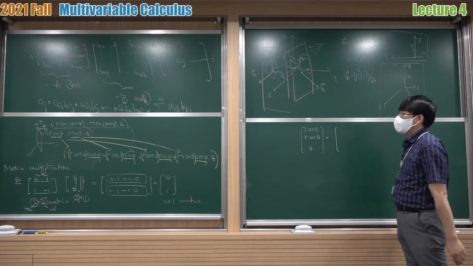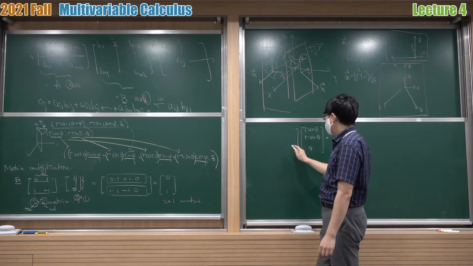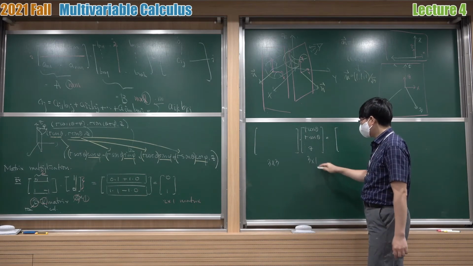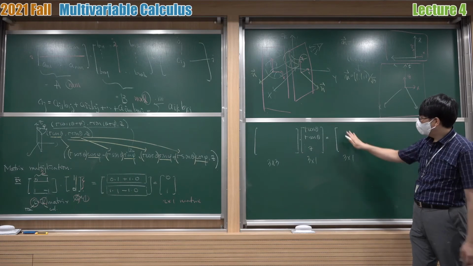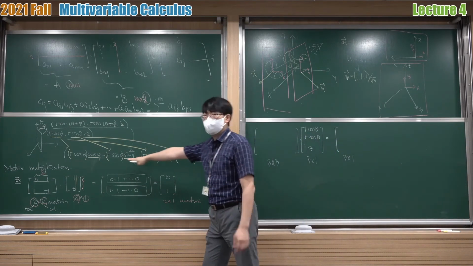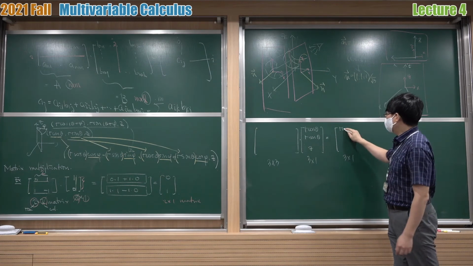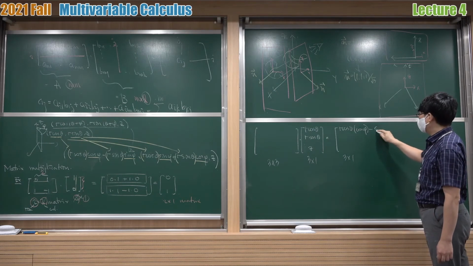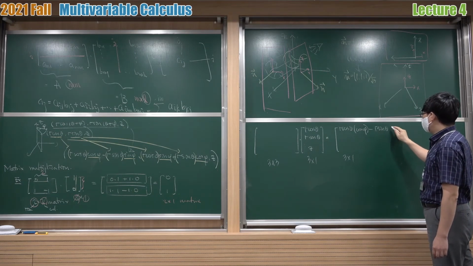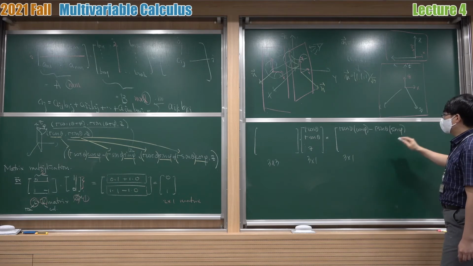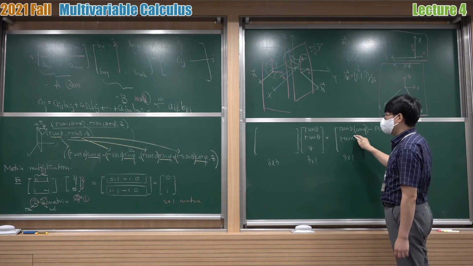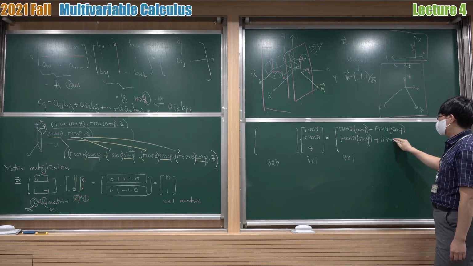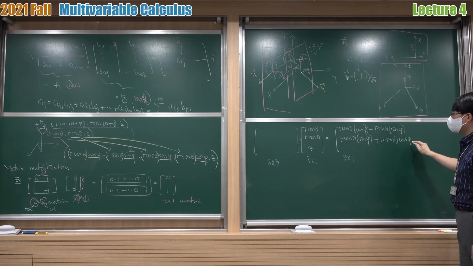I want to multiply on the left by a 3 by 3 matrix, so I get a 3 by 1 matrix, and the result should be our new coordinates: r cosine theta cosine phi minus r sine theta sine phi, then r cosine theta sine phi plus r sine theta cosine phi, and z is the same.